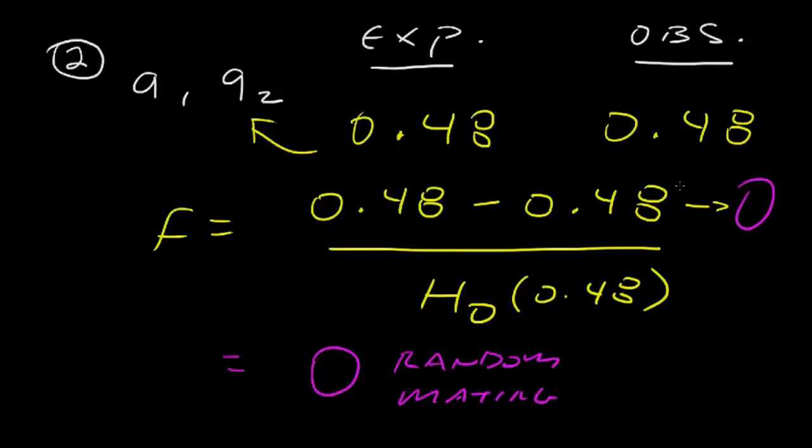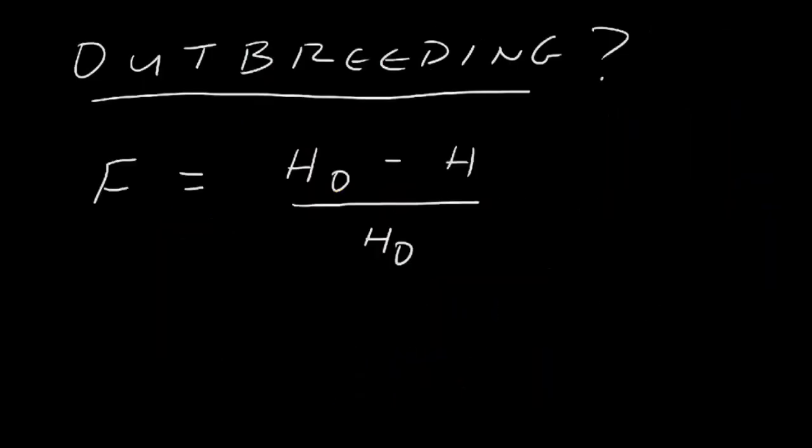Easy enough, yeah? One last piece here. If we consider the case of outbreeding, what would we expect our F statistic to look like? What would outbreeding result in? Outbreeding, of course, causes more heterozygosity. So in that situation, we would simply have a higher value of H. H would be greater than what we expected.